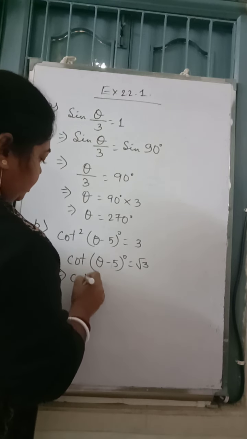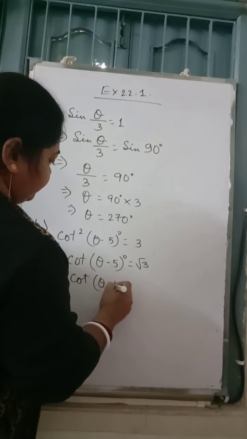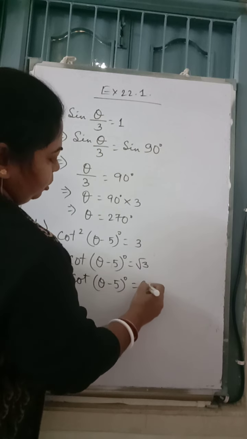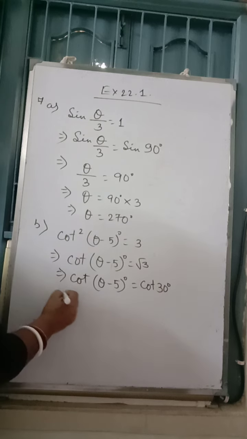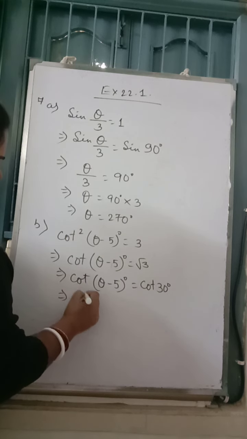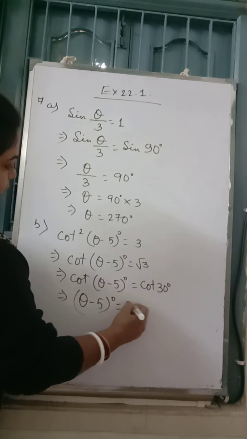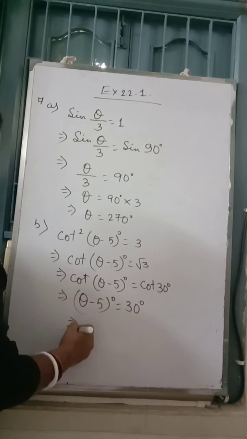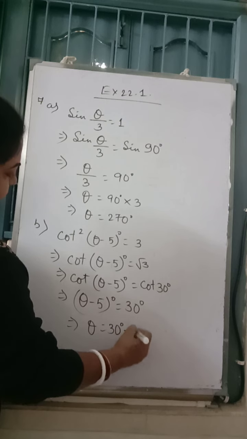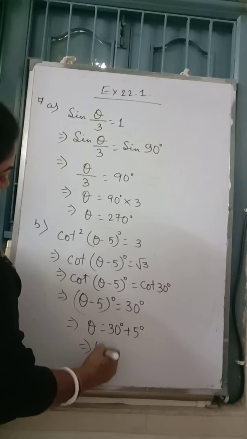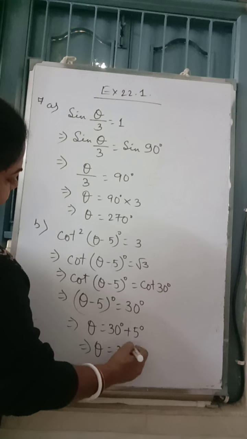So cot theta minus 5 degree is equal to cot 30 degree. Cot 30 degree value is root 3. Now on both sides cot is cancelled. Theta minus 5 degree is equal to 30 degree, or theta is equal to 30 plus 5 degree, or theta is equal to 35 degree.